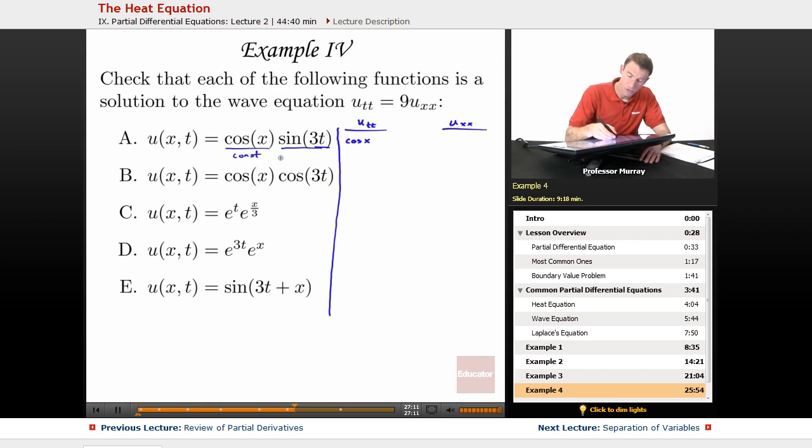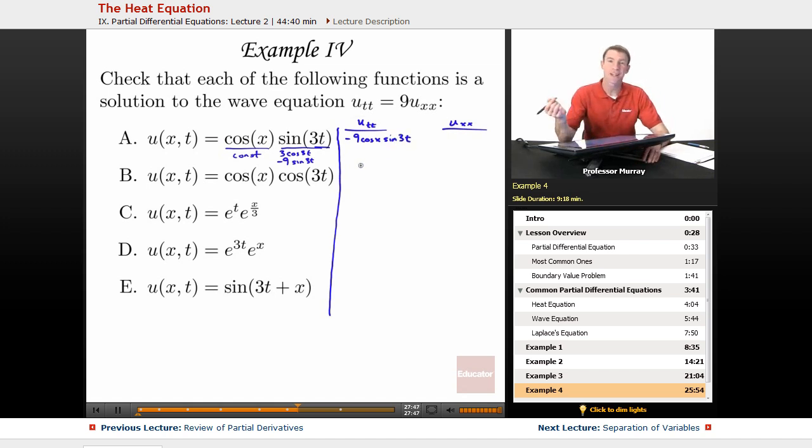The first derivative of sine is cosine of 3t, and then we multiply on a 3 by the chain rule. Then the second derivative would be negative sine of 3t, and we multiply on another 3. So we end up getting negative 9 there, and so u_tt would be negative 9 cosine x times sine of 3t.